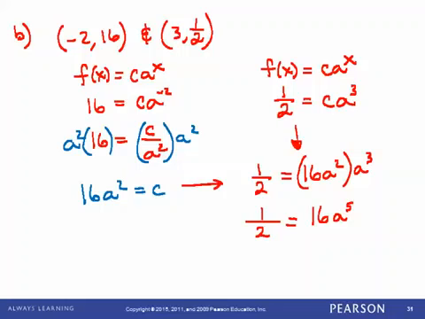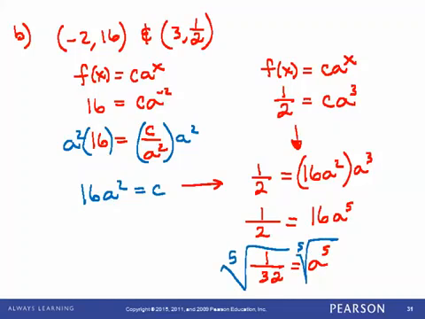Let's divide by 16, because I need to solve for a to the 5th here. All right, divide by 16 or multiply by 1/16 gives you 1/32. And we take the 5th root of 1/32. Anybody with that answer?